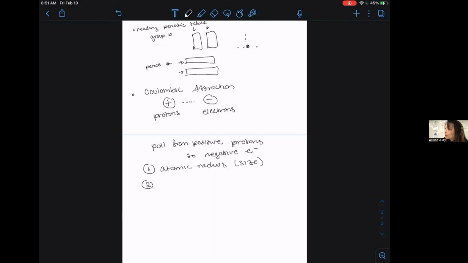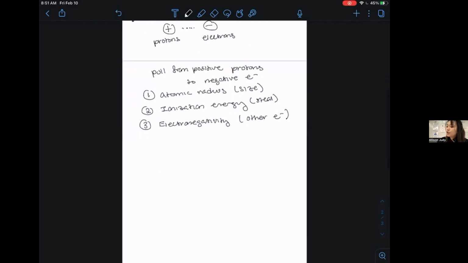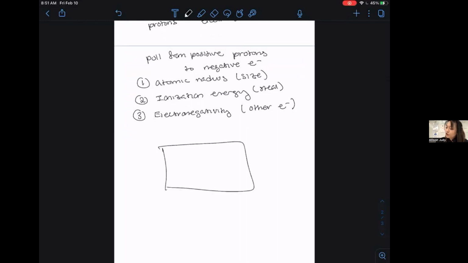It tells us why certain atoms have more or less ionization energy, the energy required to steal an electron. And it tells us why some atoms are really good at pulling other atoms' electrons, electronegativity. So what I asked you to do in the quiz was, given the general periodic table, draw arrows to represent the trend lines and then explain.